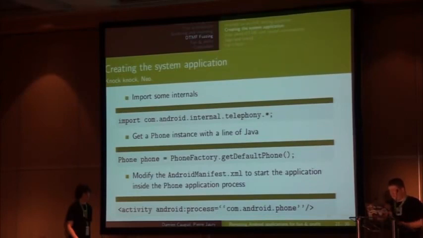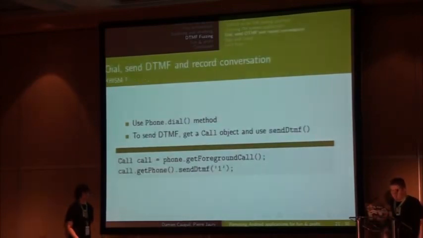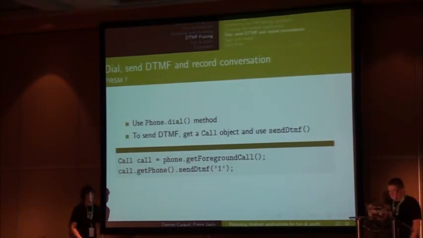We also need to modify the AndroidManifest.xml file in order to make the application run inside the phone process. If we don't do this, we will not be able to get access to the phone.